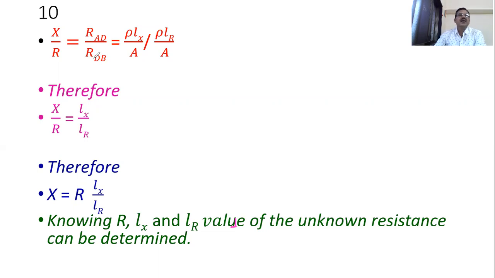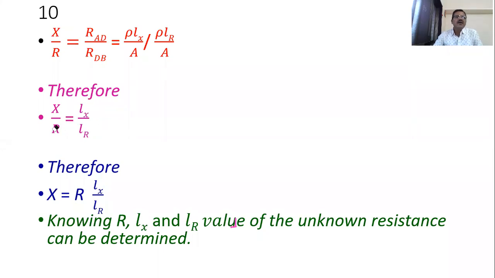But RAD is equal to rho Lx upon A divided by rho Lr upon A. Therefore, this rho and A will cancel with each other, and we will get the equation: x divided by r is equal to Lx divided by Lr.